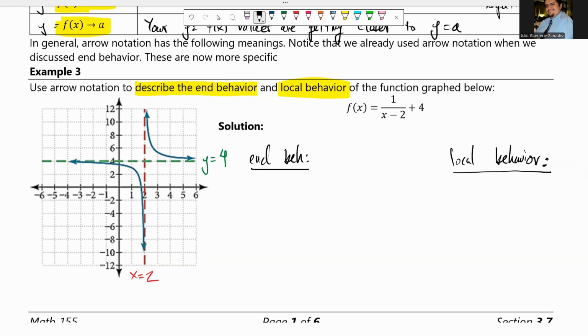We are trying to find when x tends to positive infinity and when x tends to negative infinity. We want to determine what happens as our x values go way over to the right and way over to the left. And in this case, my f of x values tend to a specific value, 4.